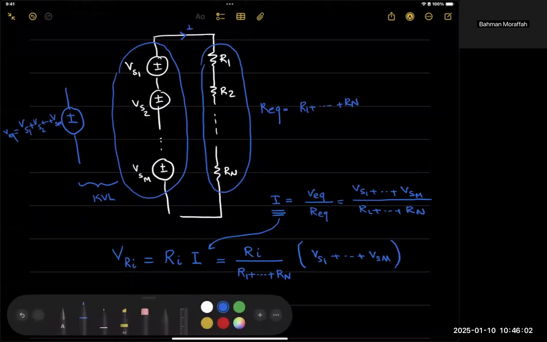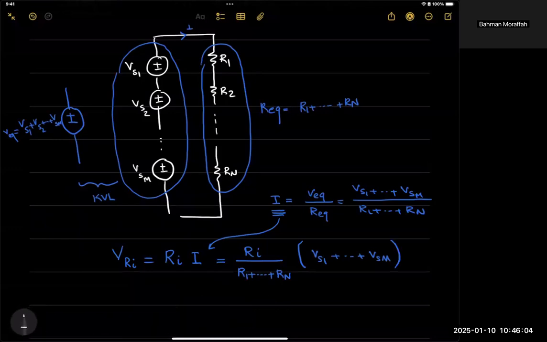What's very important here is that the voltage across Ri is proportional to Ri divided by the whole thing. But this time, instead of having one source, we have a few of them, so I replace that value by the algebraic sum of the sources.